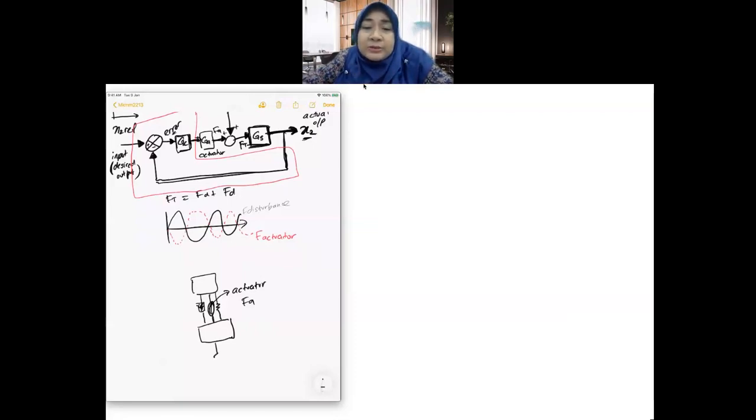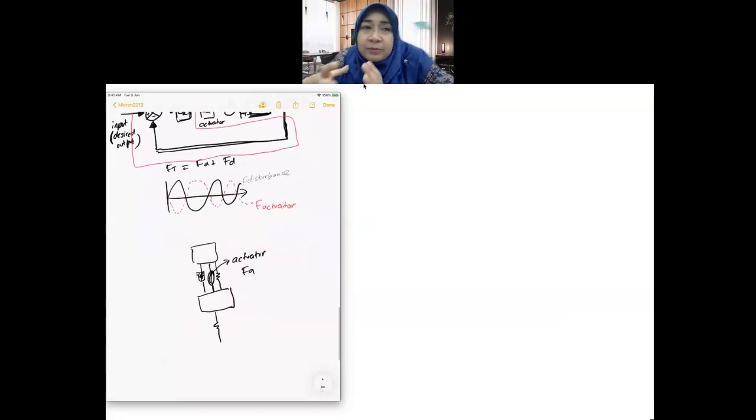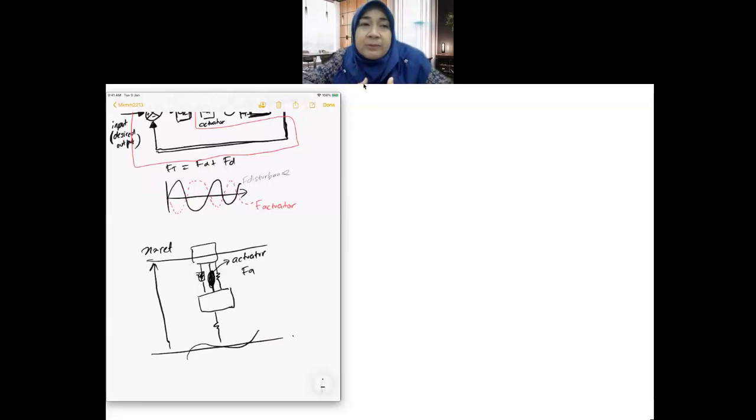So with your passive suspension system, when you undergo a road profile, you have your actuator here. That actuator will move your system up and down, so that the total force for your reference signal X2 just now, you can refer to the reference X2. So the reference X2 will remain the same.